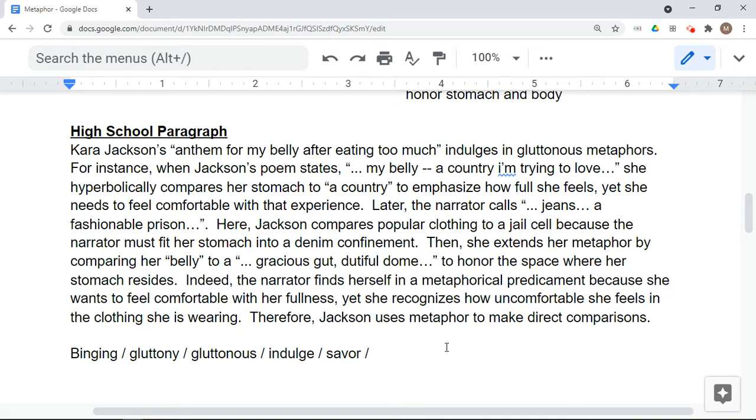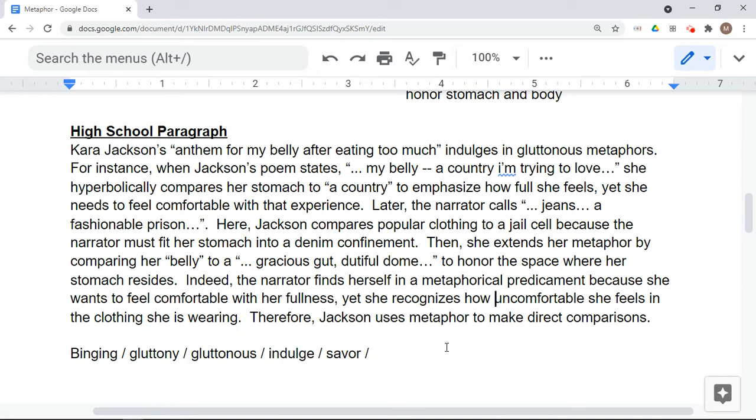Indeed, the narrator finds herself in a metaphorical predicament because she wants to feel comfortable with her fullness. Yet she recognizes how uncomfortable she feels in the clothing she's wearing.